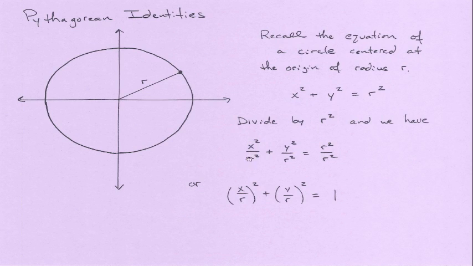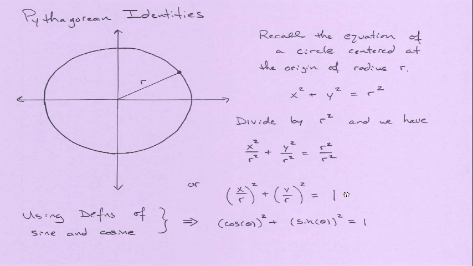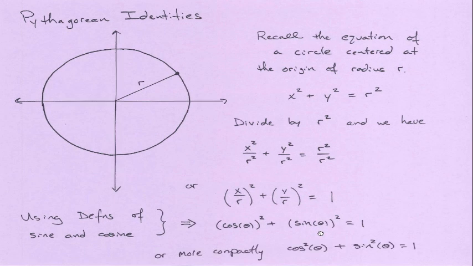But we can use properties of exponents, take the square to the outside, so we have (x over r) squared plus (y over r) squared, and then r squared over r squared is 1. But come back now to our trig definitions for sine and cosine. X over r is cosine, y over r gives us sine, and so we have our first Pythagorean identity given by cosine squared of theta plus sine squared of theta is 1.